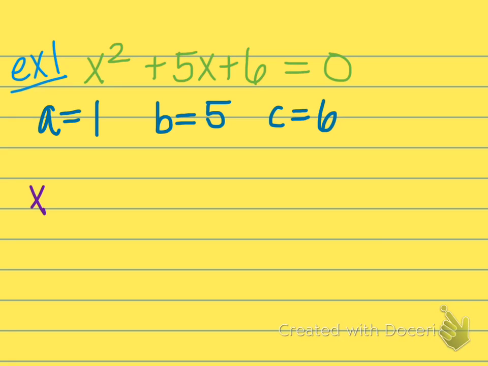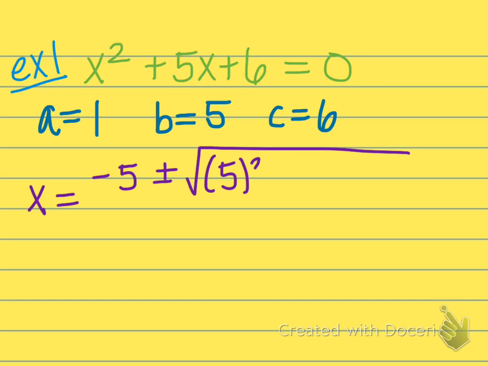So, x equals negative b plus or minus square root b squared minus 4ac all over 2a. Notice I have to slow down a little bit on the b squared minus 4ac part, but you get it all in there eventually.